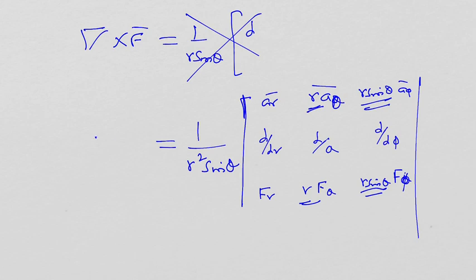Right. So del cross F defines the rotational property of a vector field in this manner. When you look at the physical significance, curl is a closed line integral per unit area. That is the definition.